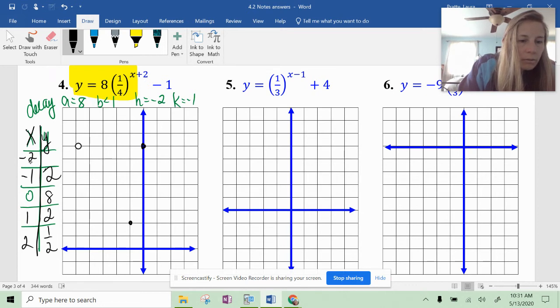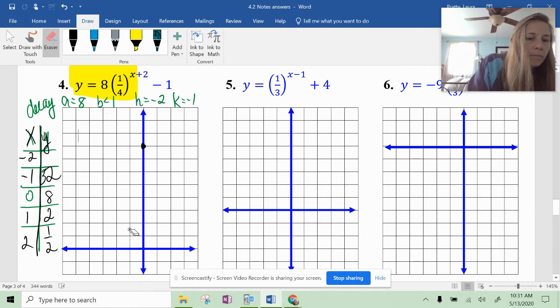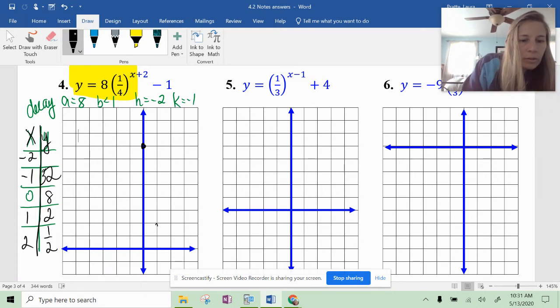Wait a second, I messed something up here. So if I put in a -1, oh yeah, that's 32. I'm sorry. So I'll be way off the graph. Then we have 1, 2, and 2.5. So this would be my parent function here.